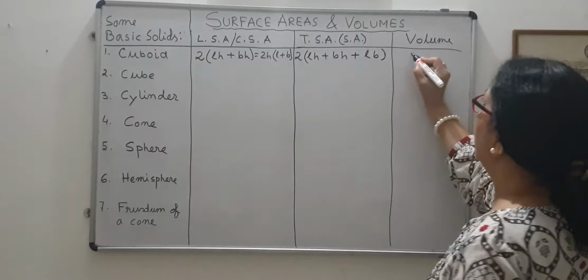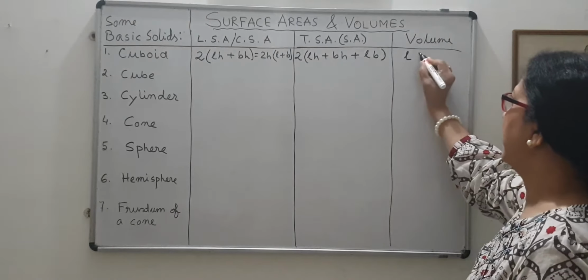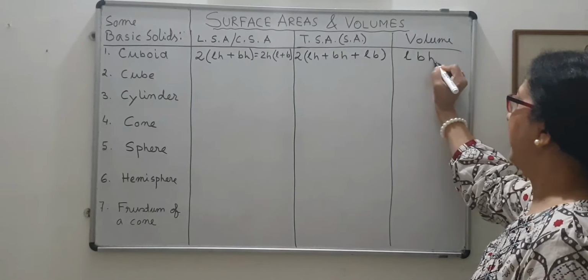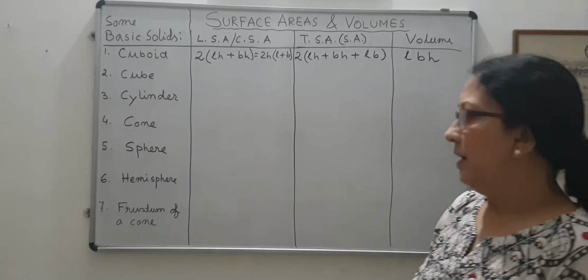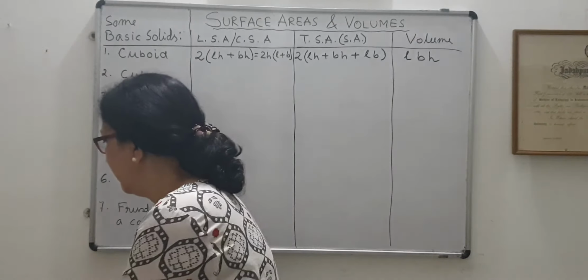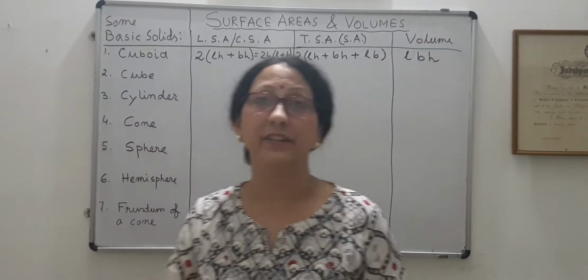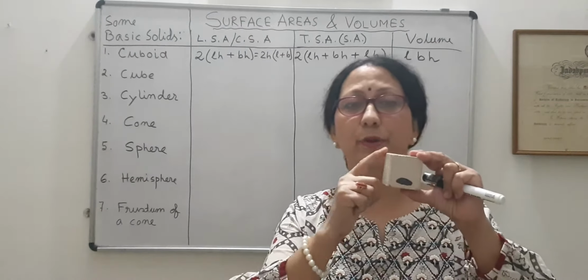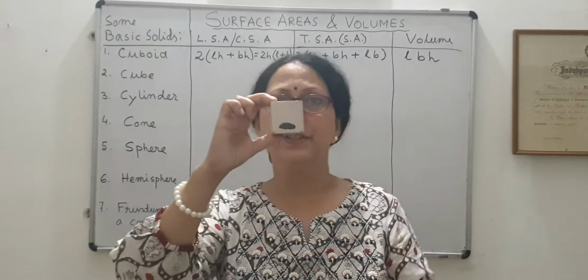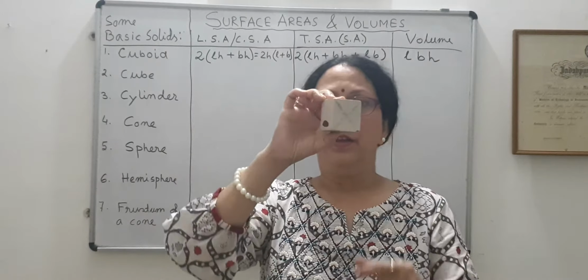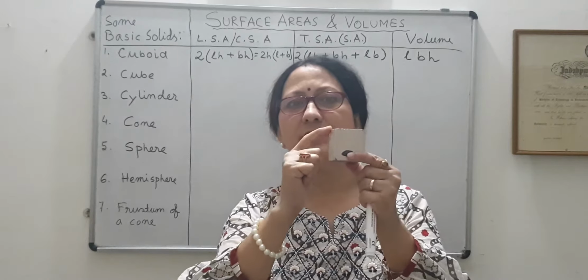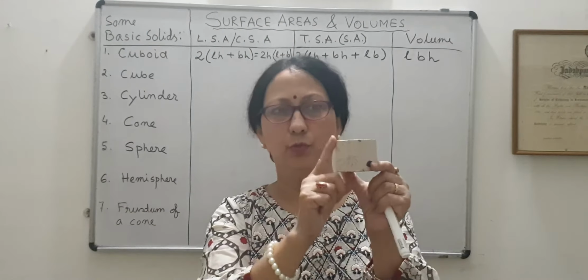And lastly, the volume will be the product of these three dimensions, length into breadth into height. So this is about the cuboid. Next, the special cuboid, the cube, where length is equal to breadth is equal to height. All are equal, and these are known as the edges of the cube.